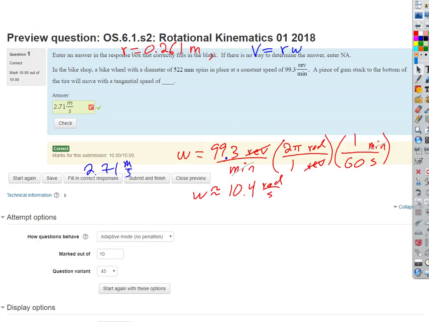You have to change that one too. Yeah, just take a second. You go do it.